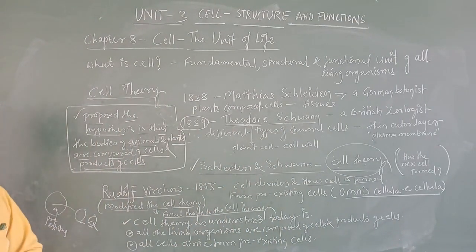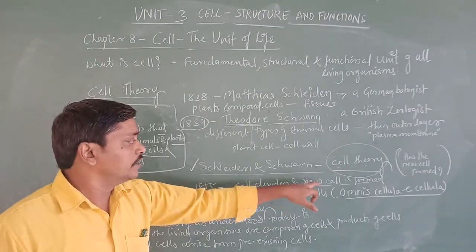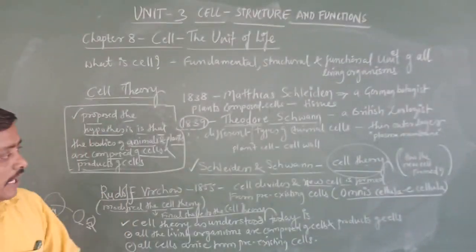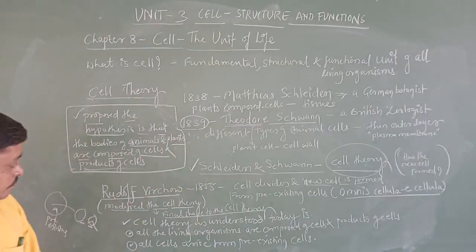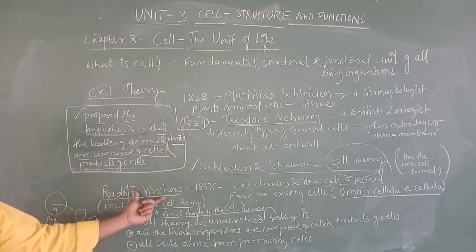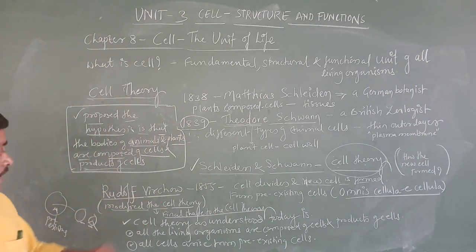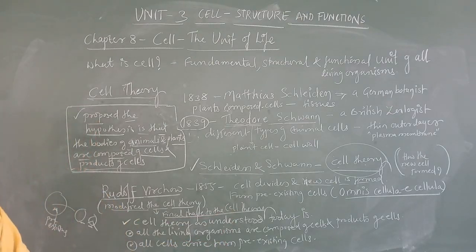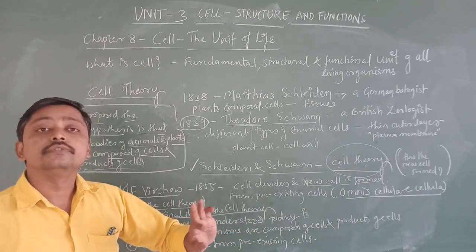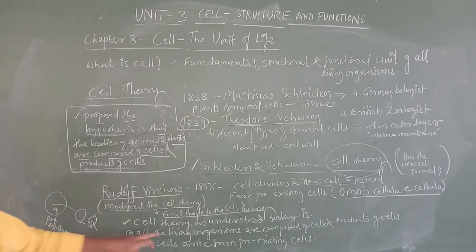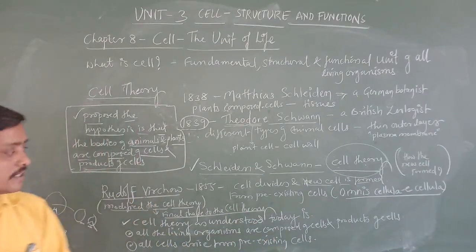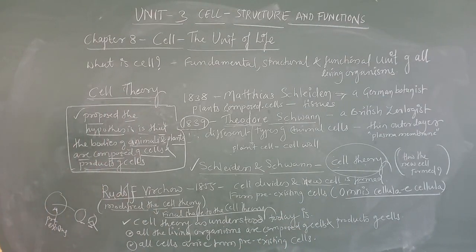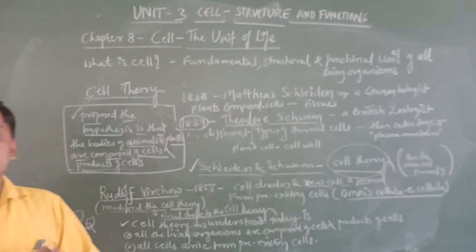Afterwards in 1855 Rudolf Virchow stated that the cell divides and a new cell is formed from a pre-existing cell, and that is the "omnis cellula e cellula" theory. Also Rudolf Virchow modified the cell theory and gave the final shape to it, and today the cell theory is understood as what I told you: all the living organisms are composed of cells and products of cells. And another important point is all cells arise from pre-existing cells.